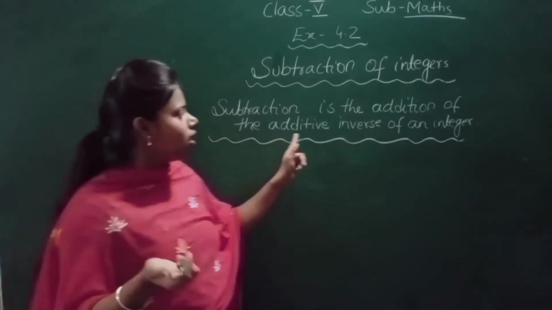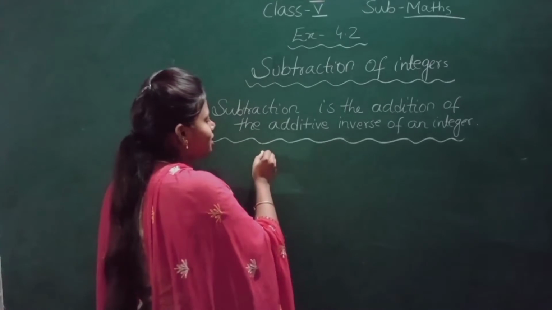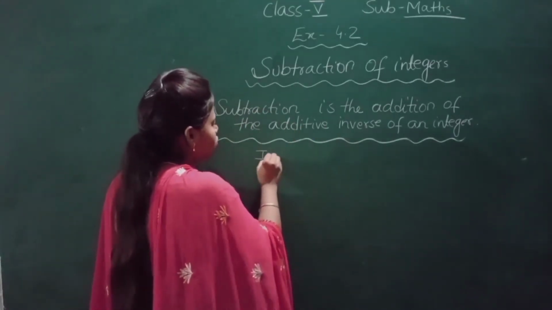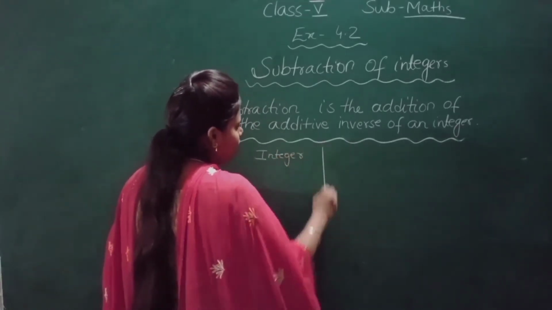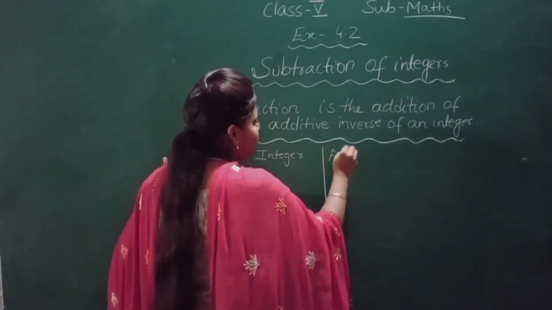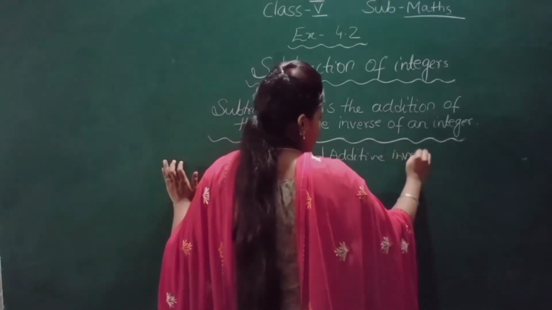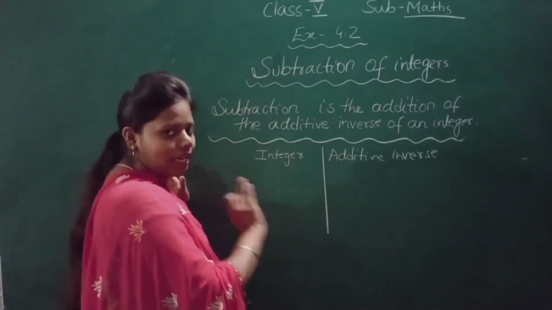Now let me give the example of this additive inverse. I said that additive inverse is the opposite of the integer. So here I am writing the integer, and here I will write the additive inverse. What is the integer? I will take any number.